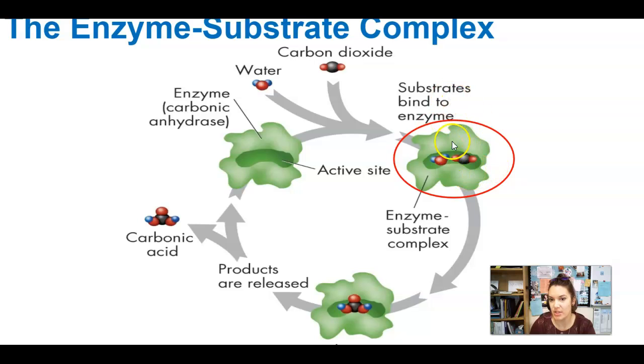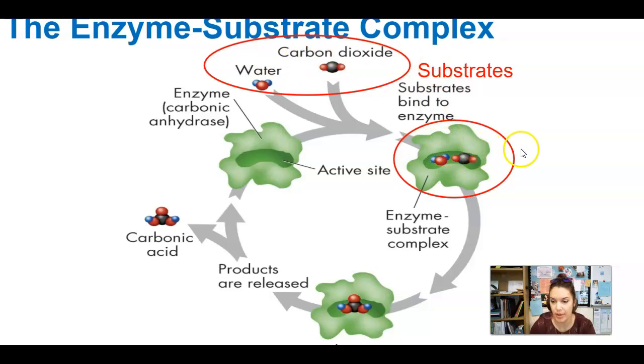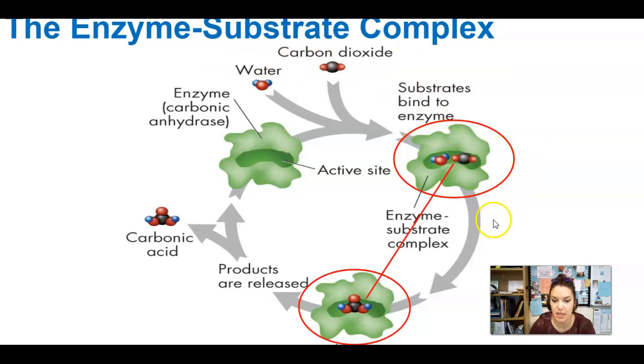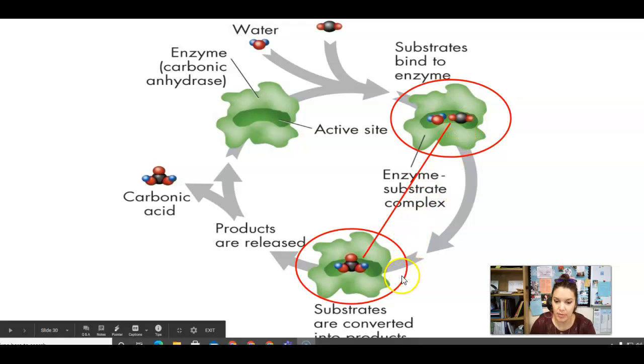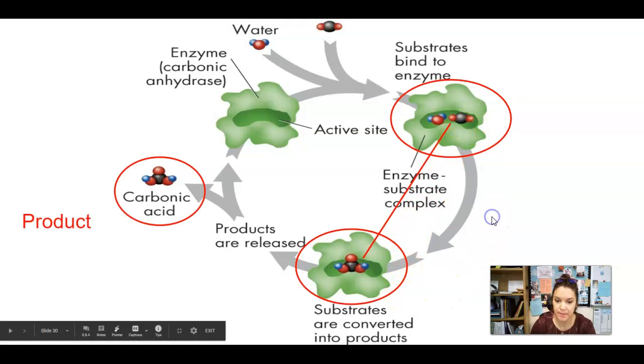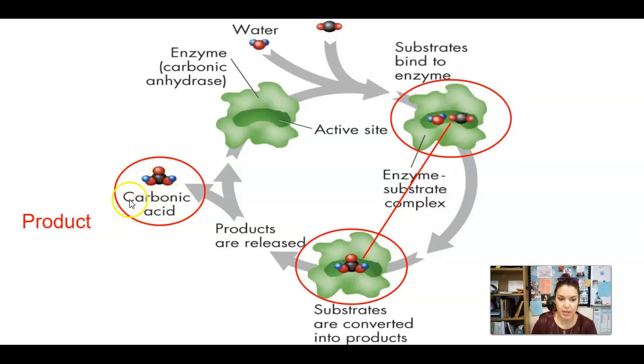So they bind to a specific enzyme. So they will place themselves inside of that enzyme substrate complex. Okay, so those are the substrates, and they know to go and find that specific enzyme that they need to help process a chemical reaction, or a specific one actually. All right, and then the substrates are converted into products. And for example, we have now carbonic acid as an example of one chemical reaction that would happen.